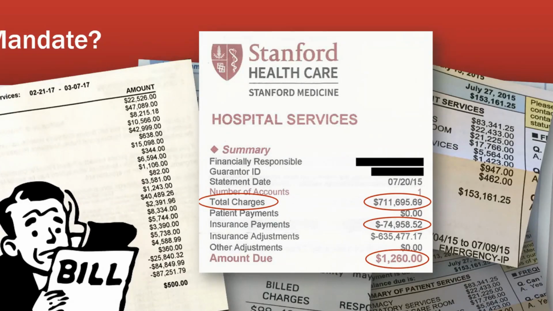Where is all that money going? Why are these prices so high? Well, it's to cover the people who don't have insurance. So we're actually all paying already. It's just in different ways. So that you're funding this because the hospitals have to recoup the money that they spend on patients who don't have insurance.